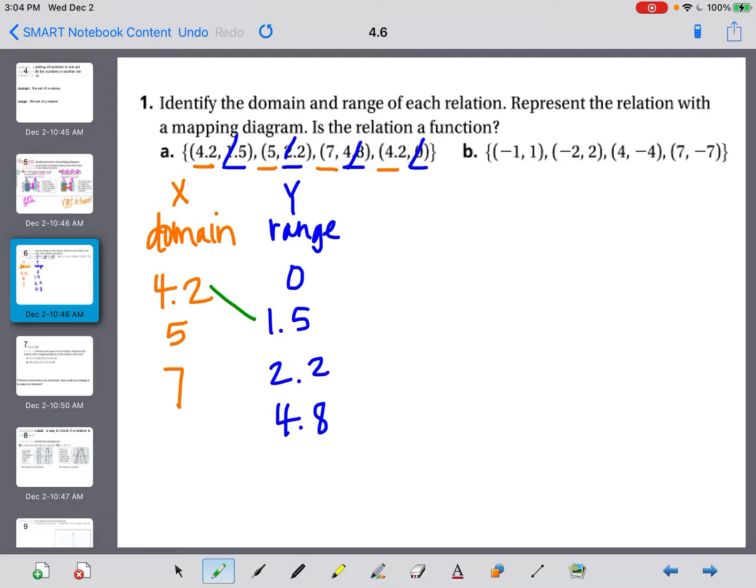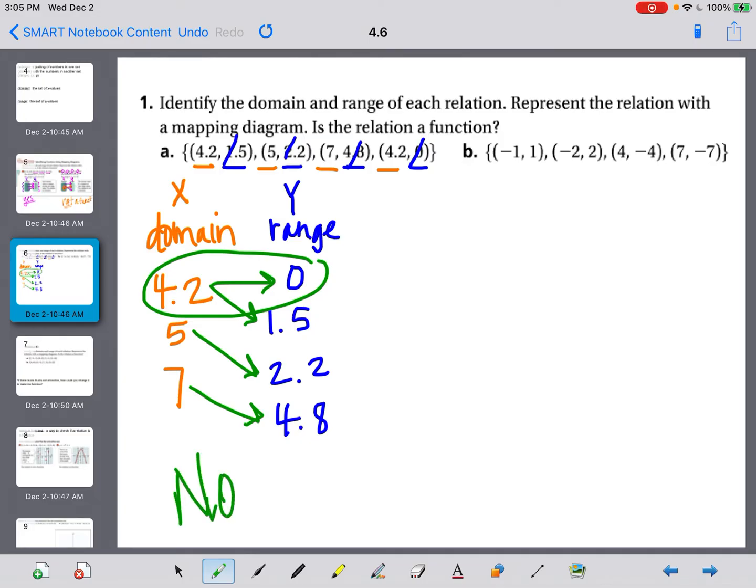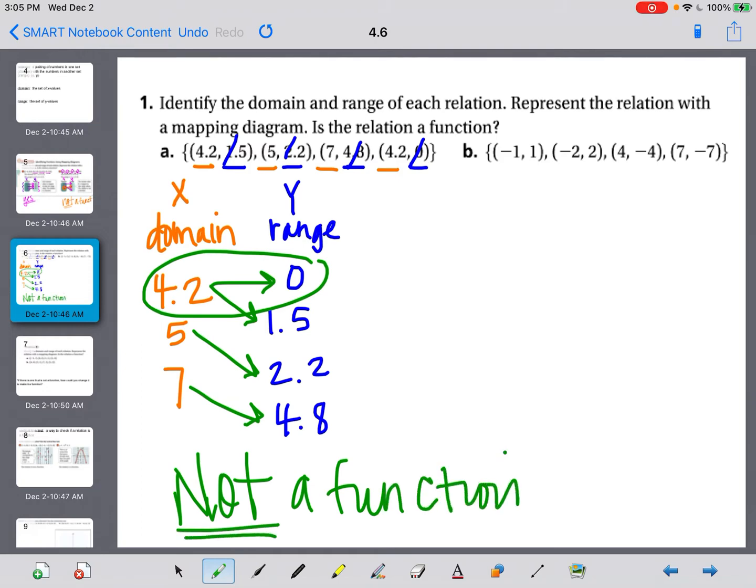All right, then I'm going to connect the ones that belong together. So 4.2 goes to 1.5, 5 goes to 2.2, 7 goes to 4.8, and 4.2 also goes to 0. Right here, this 4.2 goes to both the 0 and the 1.5, so this is not a function. We only worry about those x values repeating. If the x values repeat, then we know it's not going to be a function.